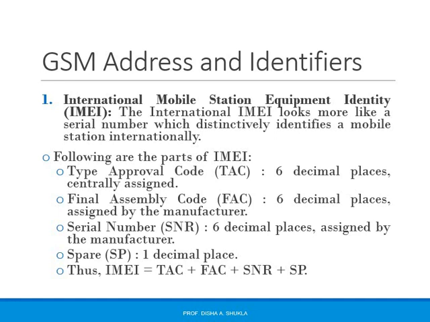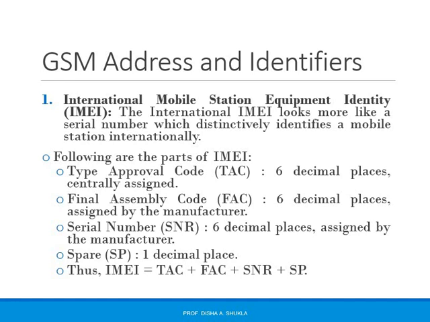The next thing is the final assembly code, the FAC. Again, this is a 6 digit number, and it is assigned by the manufacturer. All manufacturers of mobile equipment assign the FAC, the final assembly code. The next thing is the serial number.